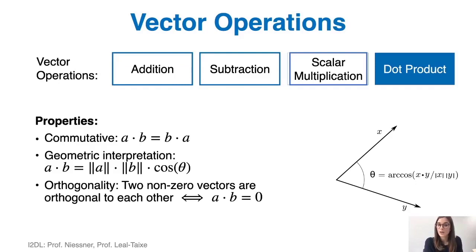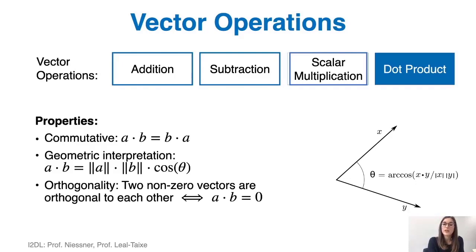There I gave a formula: the dot product of a and b is equal to the length of a times the length of b times cosine of theta, so cosine of the angle between our two vectors a and b. This is a property and interpretation of the dot product which is really interesting because it refers to this more complex concept of the angle between two vectors.